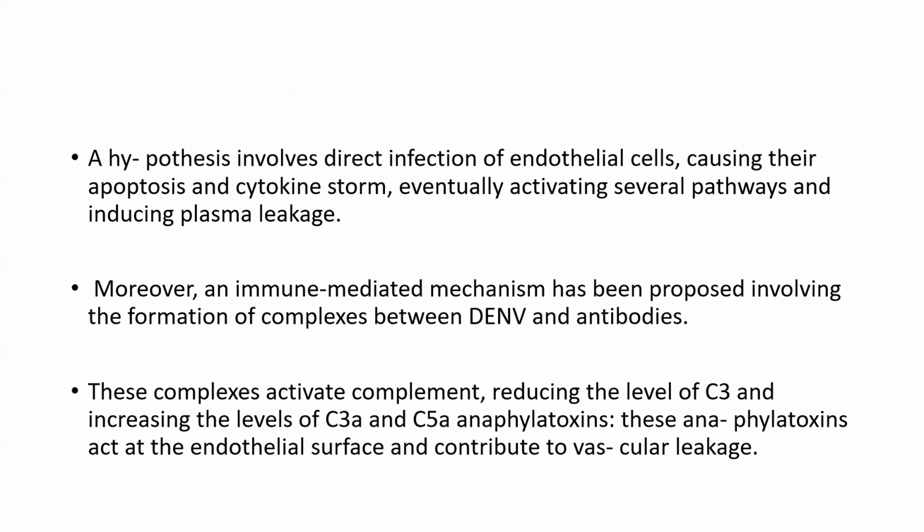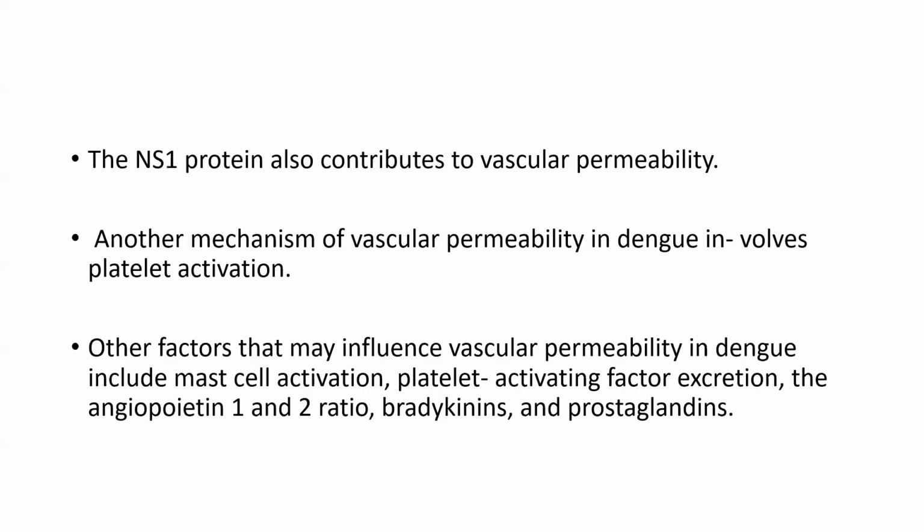Moreover, immune-mediated mechanisms have been proposed involving the formation of complexes between dengue virus and antibody. These complexes activate the complement, reducing the level of C3 and increasing the levels of C3a and C5a anaphylatoxins. These anaphylatoxins act at the endothelial surface and contribute to vascular leakage.